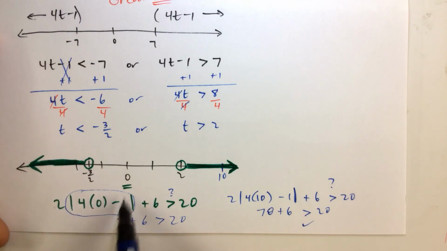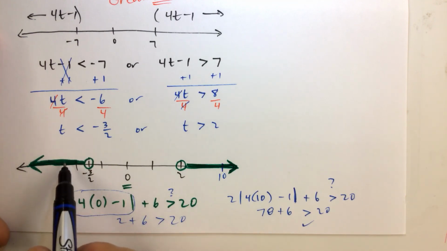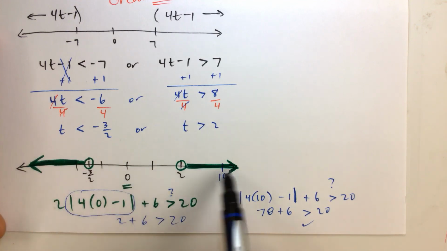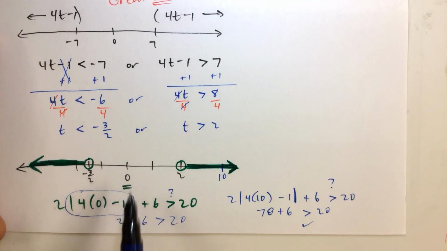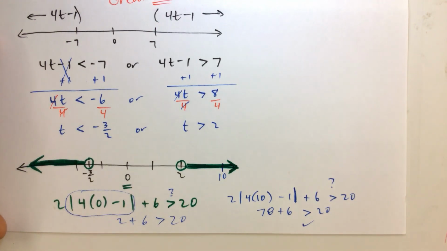The absolute value of that would be a huge number, bigger than 4,000. Multiply that by 2 and you get 8,000 plus 6 is greater than 20. Check. So if we try any number in this shaded region, any number in the other shaded region, we'll see that all of those numbers make the original inequality true. Any number that wasn't shaded should make the inequality false. So we're pretty confident we got the right answer.